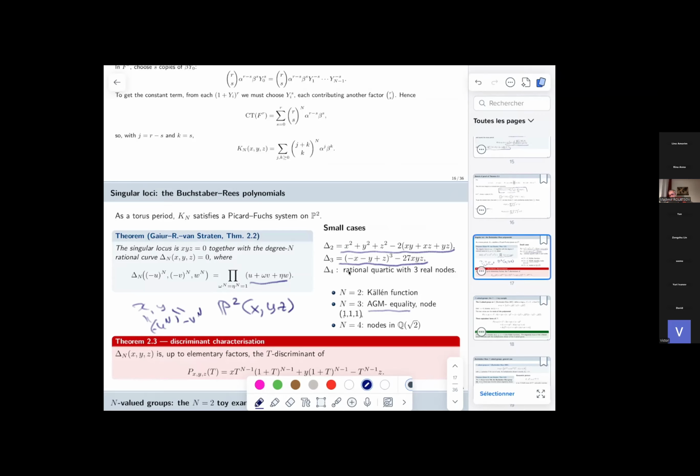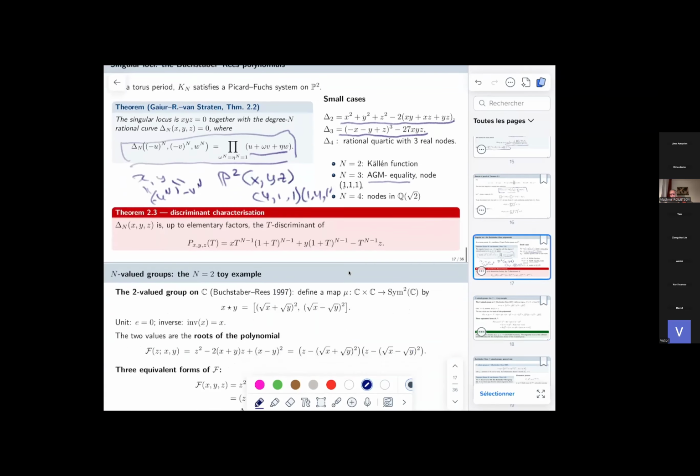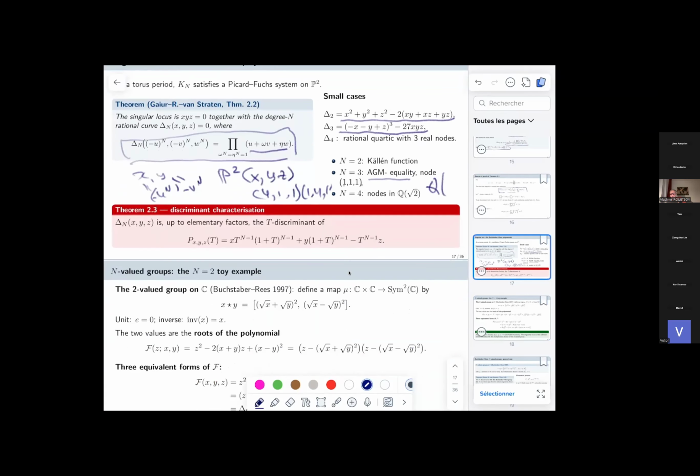But for n equal to 4, we have 3 nodes, and these 3 nodes are in a cyclotomic field Q square root of 2. They are 4, 1, 1, 1, 4, 1, and 1, 1, 4. And the general theorem is that all the nodal points of this delta n are in a cyclotomic field Q cos pi over n.